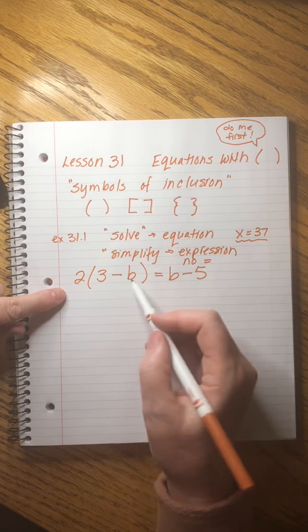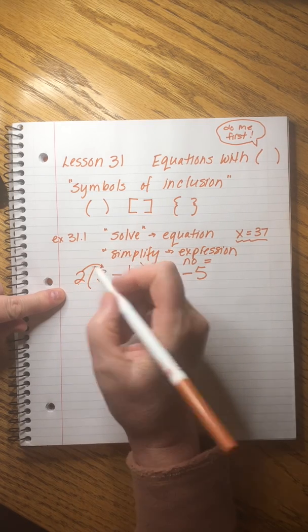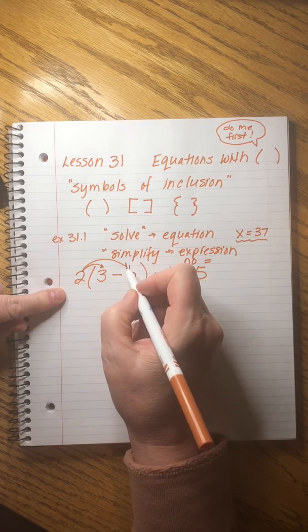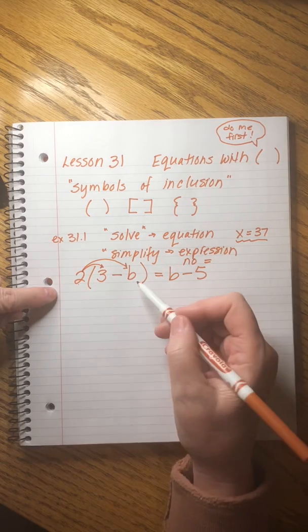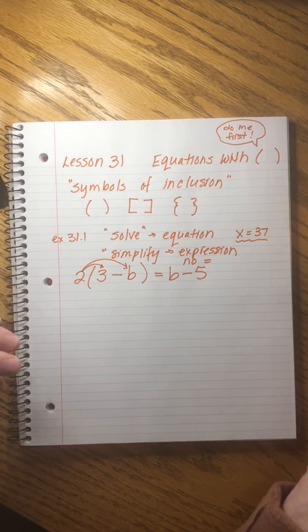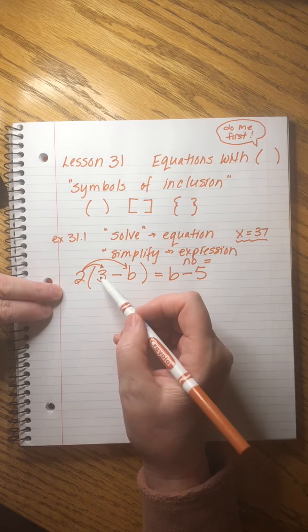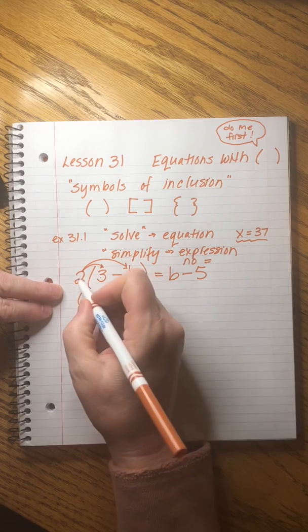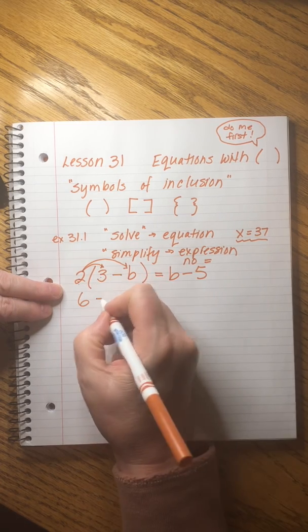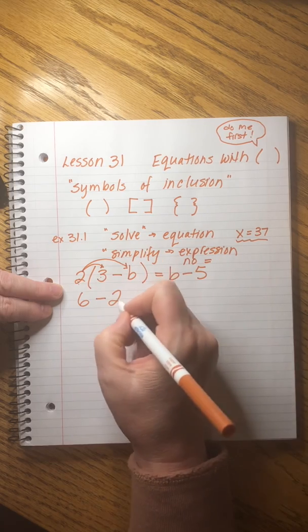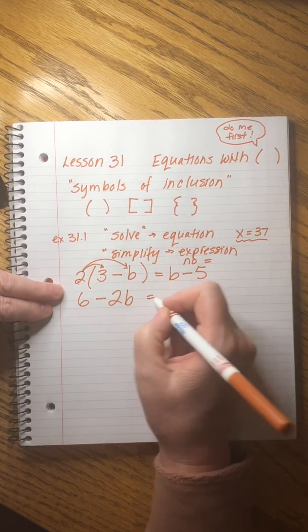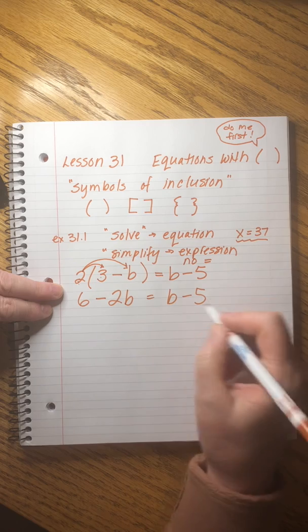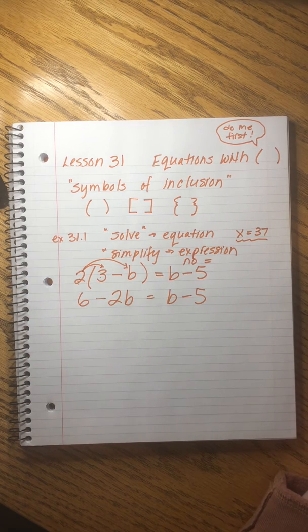This is a distribution scenario, isn't it? We want to use the distributive property to do this multiplication, and then we can throw the parentheses out the window. So we multiply. 2 times 3 is 6. 2 times, and then we put the minus sign, 2 times b is 2b, equals b minus 5. The other side's unchanged, we just copy it.